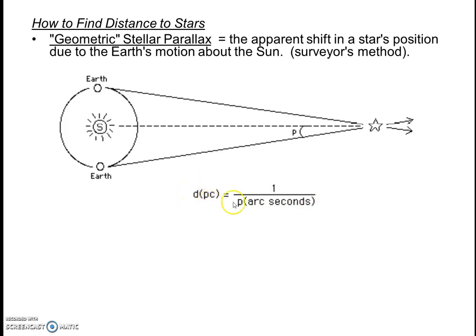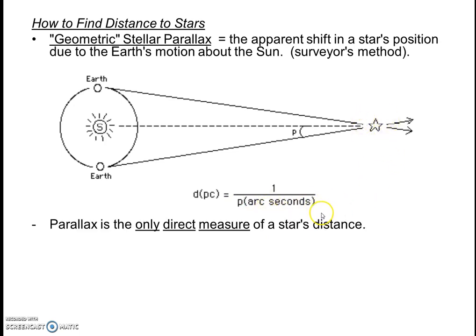The distance in parsecs is 1 over the parallax angle, which is this angle, the amount that it jumps, in arc seconds. Okay, an arc second is a tiny, tiny angle. It's 1/60th of 1/60th of a degree. So it's a 3600th of a degree. Okay, most stars in our sky have a parallax smaller than that.